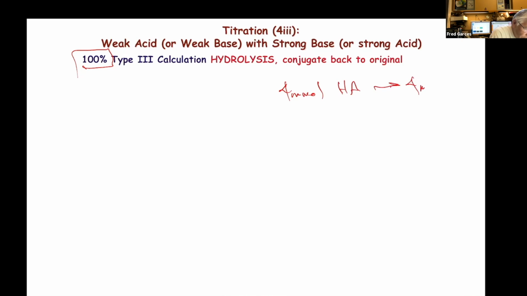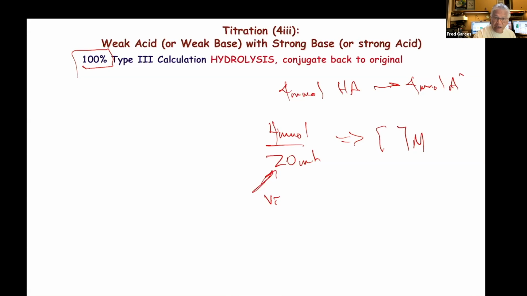The 4 millimoles is in 20 milliliters total volume. You need the total volume here because you need to know the concentration in molarity. Once you have that, the hydroxide ion concentration is equal to the square root of the Kb times this concentration right there.